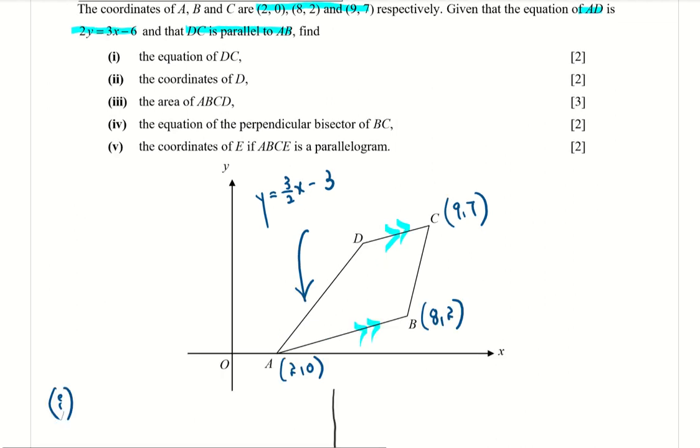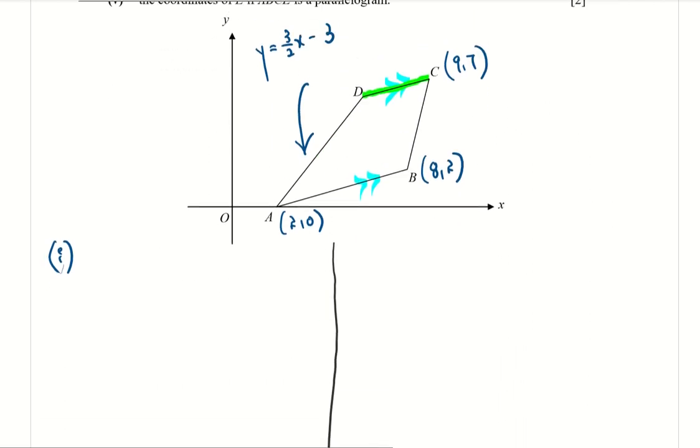For part 1, our job is to find the equation of DC. DC is the line I have highlighted in green. Now, take note, I wouldn't be able to find the gradient of DC since I only know one pair of coordinates. However, DC is related to AB because they are parallel. I'm able to find the gradient of AB, and since they are parallel, the gradient must be the same. So let me find the gradient of AB.